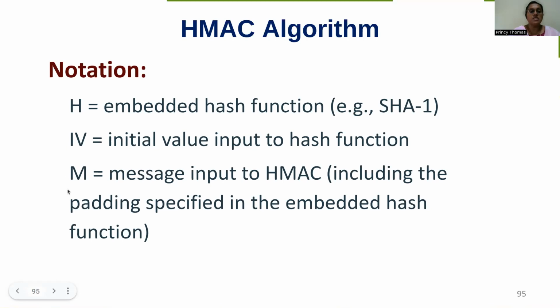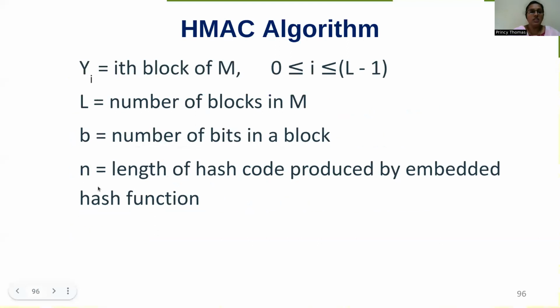If this M does not satisfy the block size of the hash function, then padding will be done. So M will be the actual message plus the padding. Next, we are going to look at the notations that we will see in the HMAC algorithm.